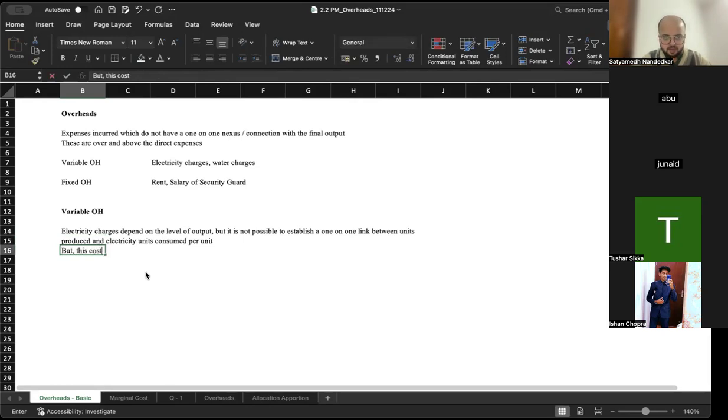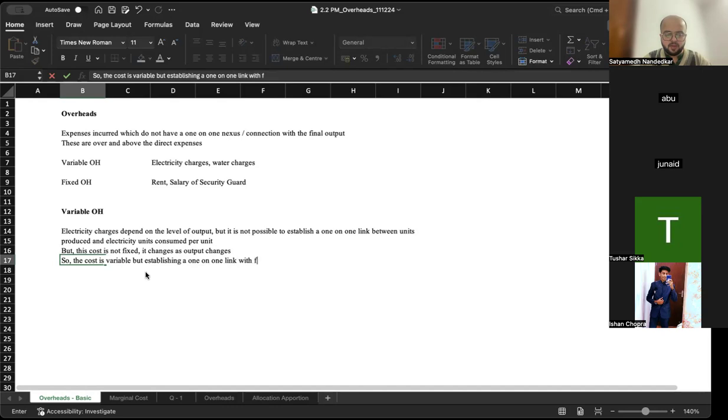But this cost is not fixed. It changes as output changes. So the cost is variable, but establishing a one-on-one link with final output is not possible.